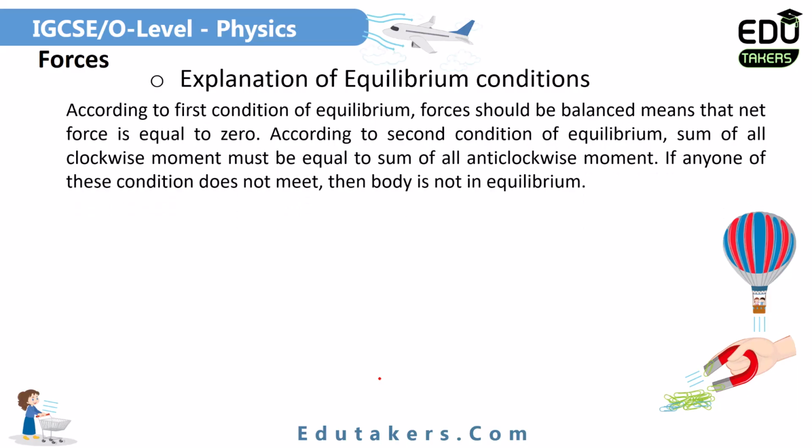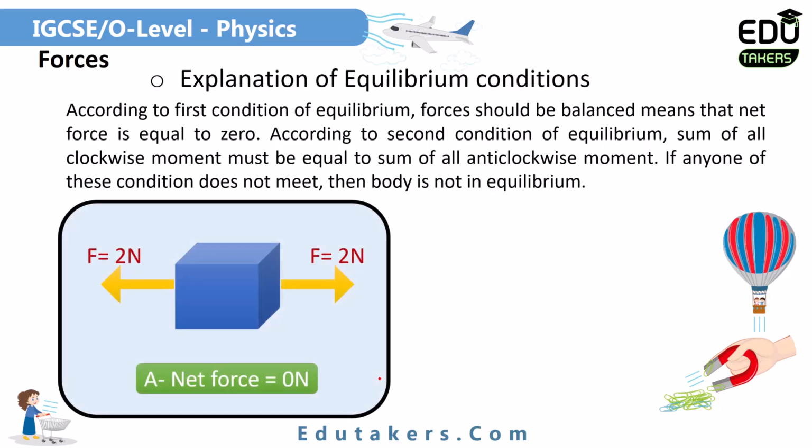Here is the explanation of the equilibrium conditions. In this figure you can see there is an object and two forces of magnitude 2 Newton acting on it. One force is acting towards right while the other is acting towards left.